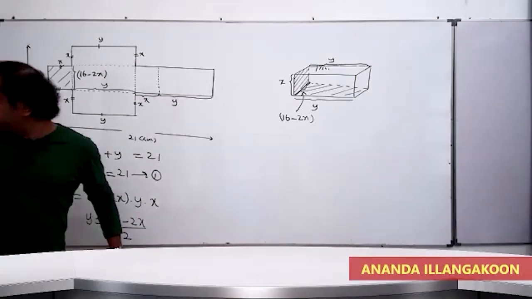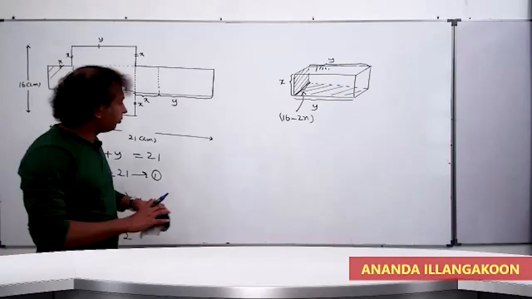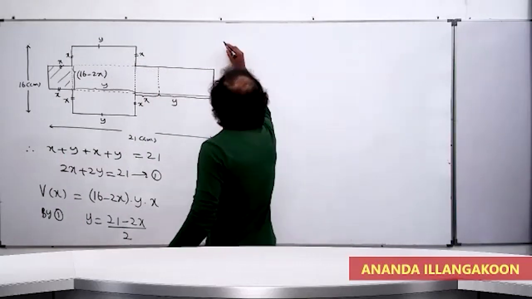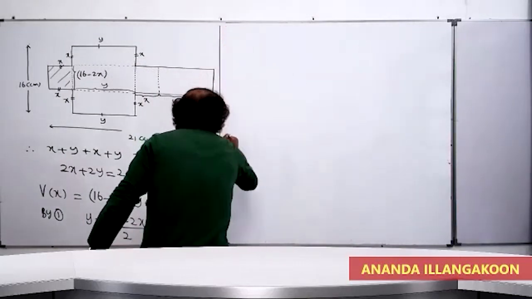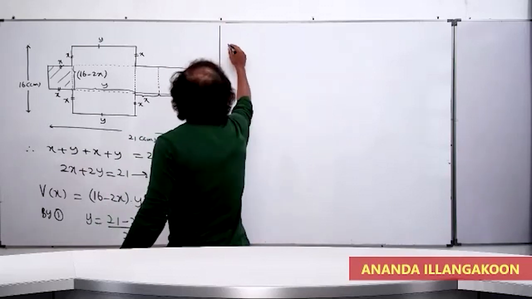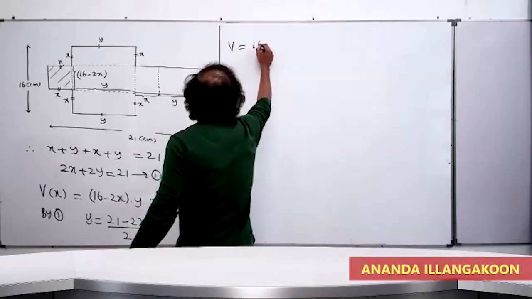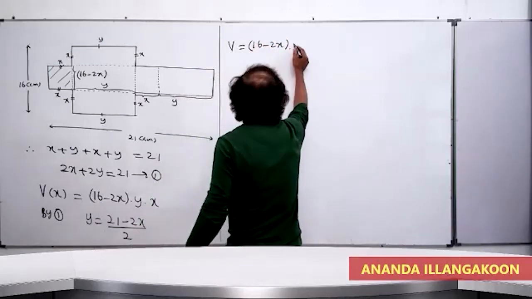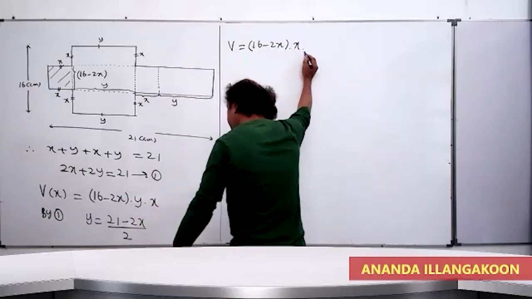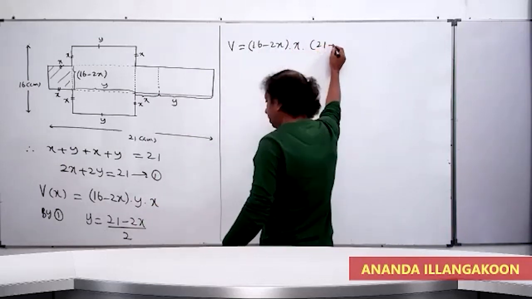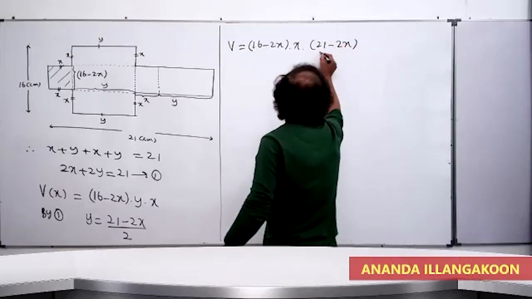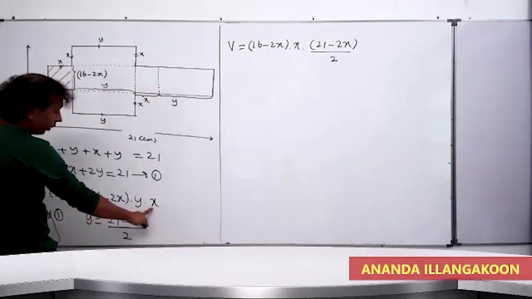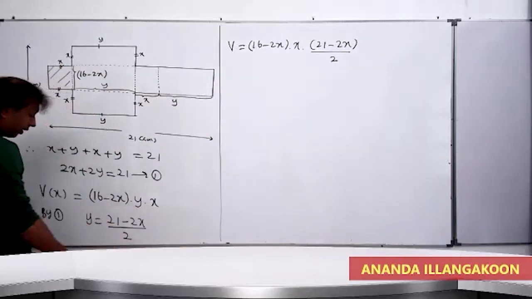Then we get volume, 16 minus 2x times x, and y is 21 minus 2x by 2.